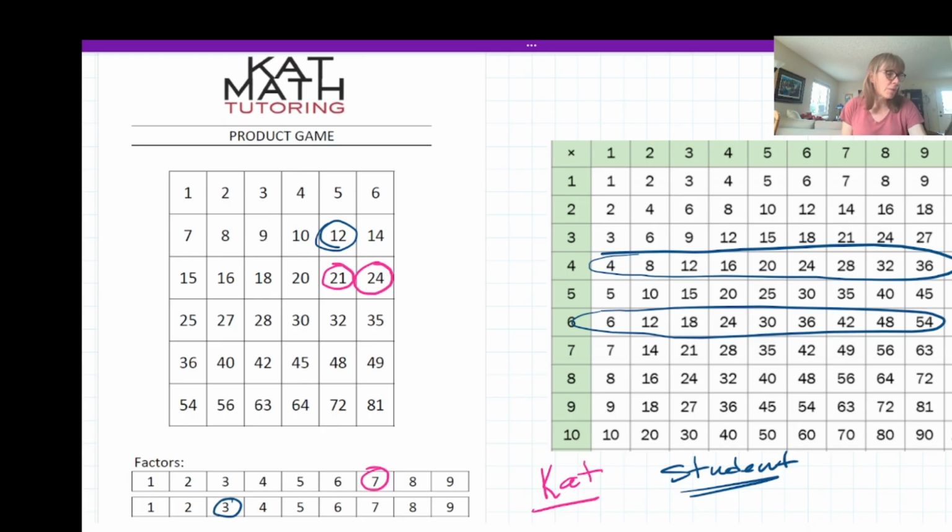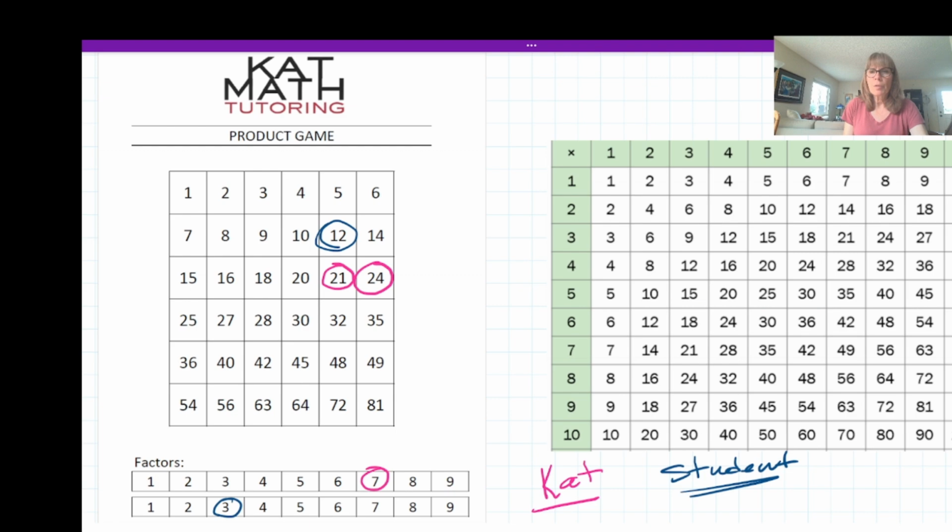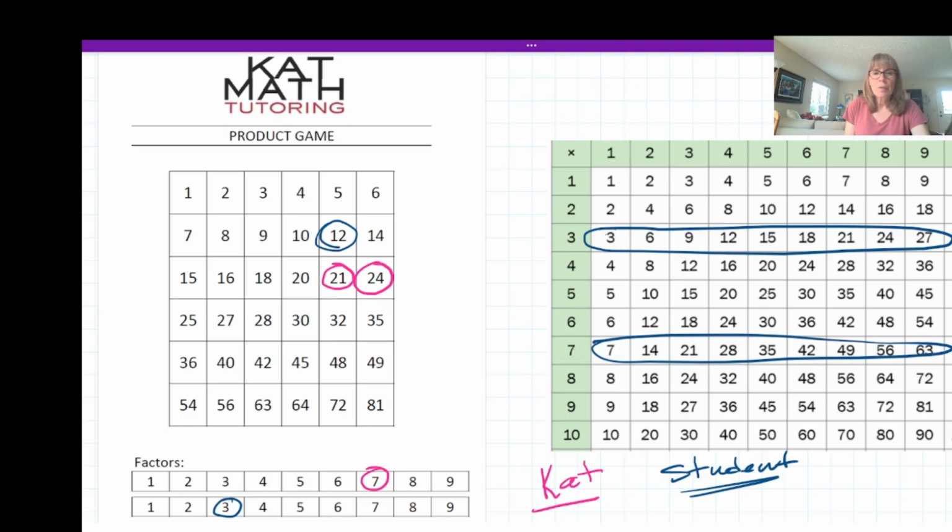Let's see what options they can do. Now the only numbers in play are the 3 and the 7. So my student can only choose numbers that have a factor of 3 or a factor of 7. They can't do a 10 because it doesn't have a factor of 7 or 3. They can't do 4.